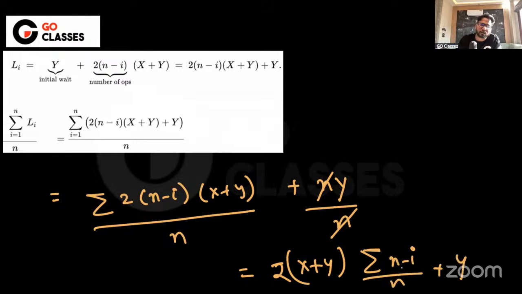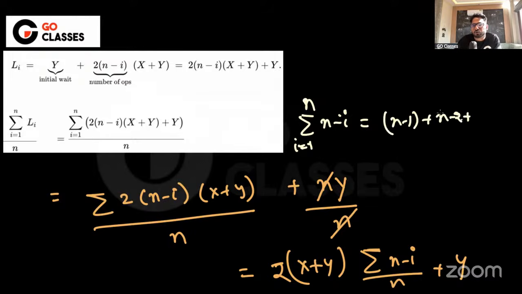So basically you have to just find the summation of (n minus i) from i equal to 1 to n. If we unroll this summation, if you put i equal to 1, then it will be n minus 1, then n minus 2, till 0. The last non-zero element will be 1.